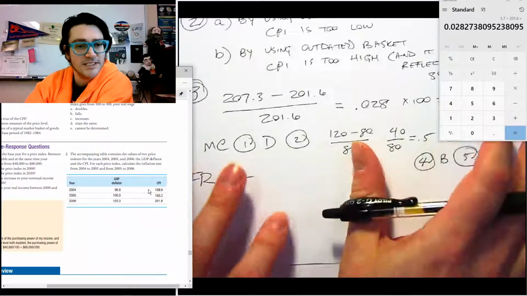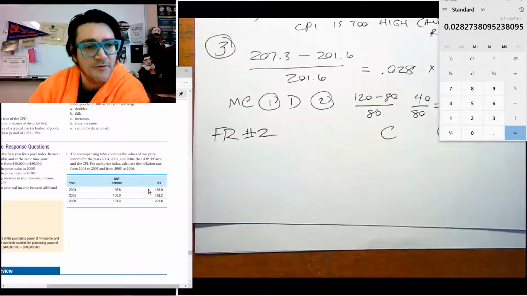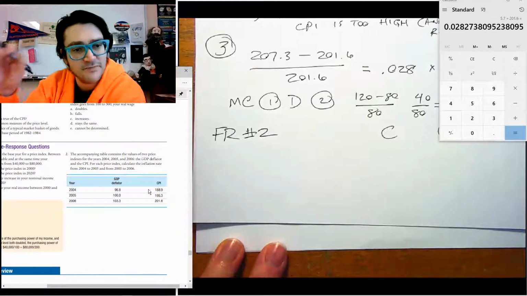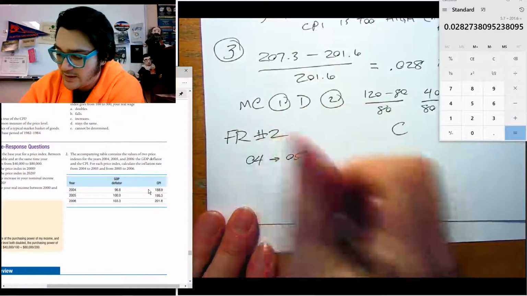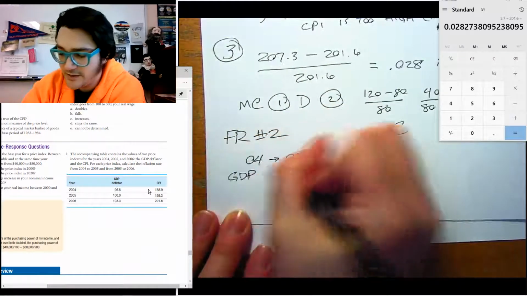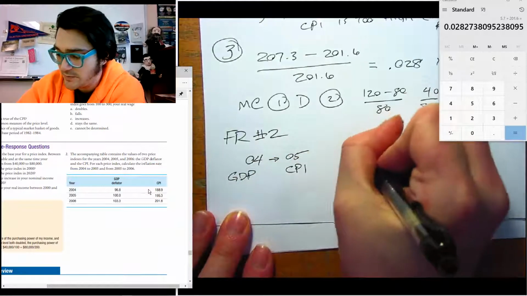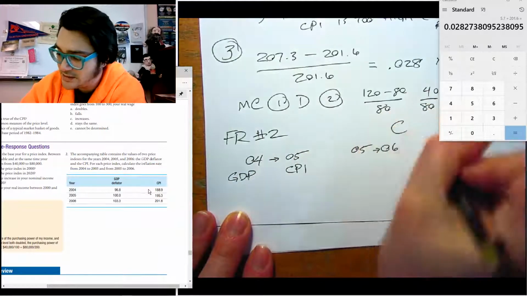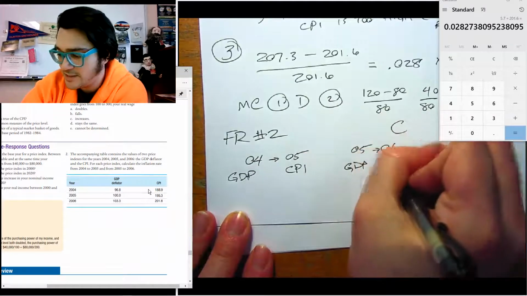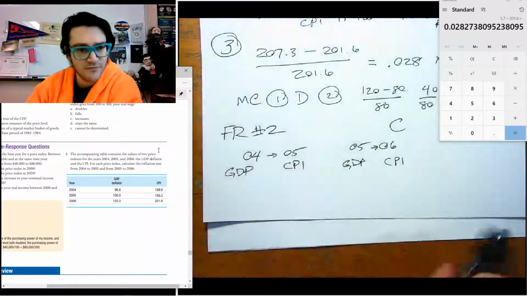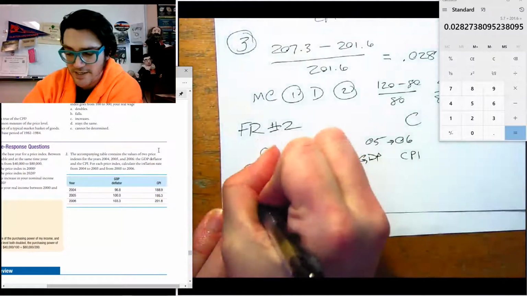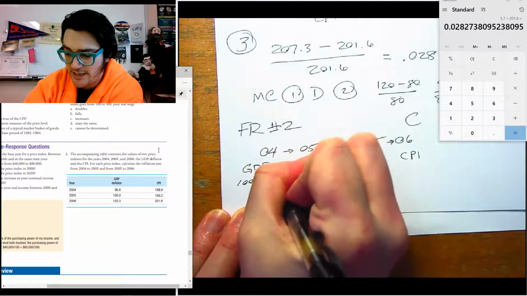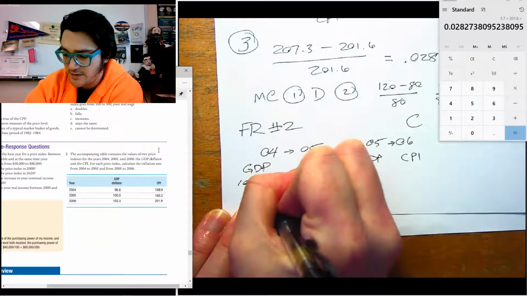FR number 2. The accompanying table contains the value of 2 price indices for 04, 05, 06, the deflator and the CPI. Calculate the inflation rate from 04 to 05, 05 to 06. So we'll say 04 to 05, and this is the GDP one, and then this is the CPI one, and then we'll do 05 to 06, GDP and CPI. And so for 04 to 05, it's 100 minus 96.8 over 96.8.